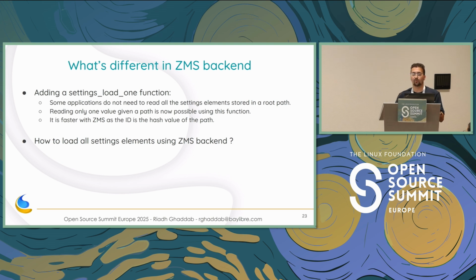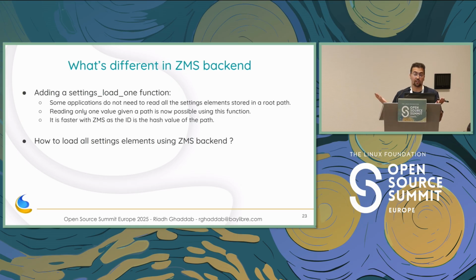Then the problem is how to load all the settings elements using the ZMS backend. Before, settings loaded all the keys by simply iterating from, for example, 1 to 100, because it's an incremental ID. But how do we do it now in ZMS?